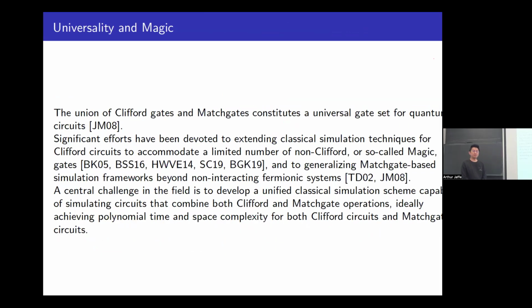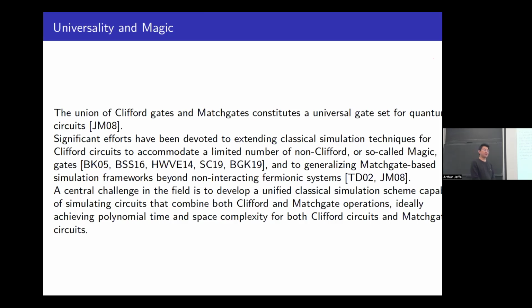The more interesting thing is, even though Cliffords and the matchgates are classically simulable efficiently, and together they generate the universal gate set, somehow we can represent whatever we want in a very efficient way by this hybrid situation, like hybrid circuits or hybrid tensor networks. So we want to understand both.